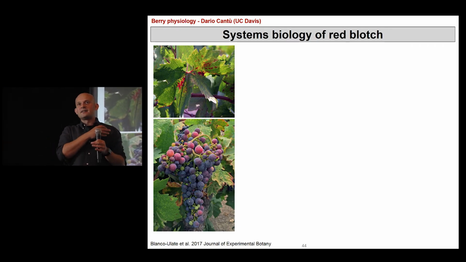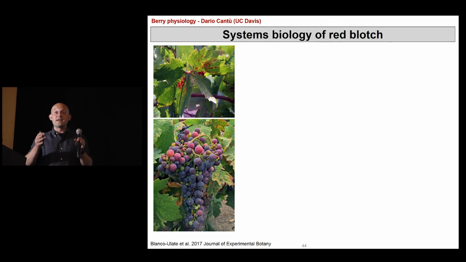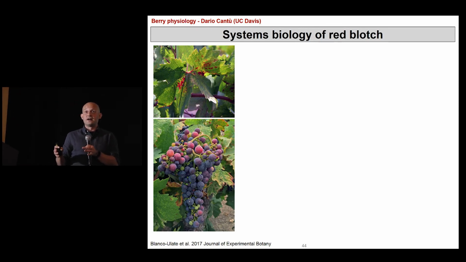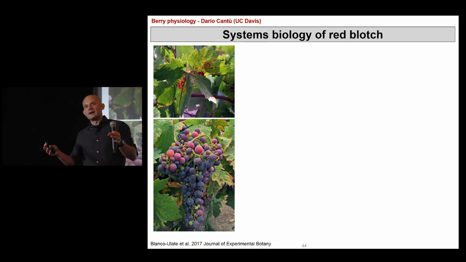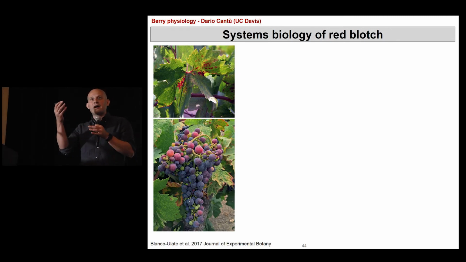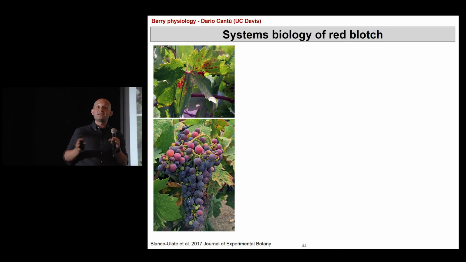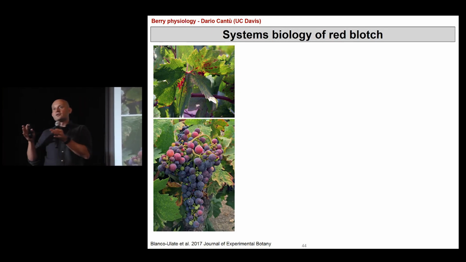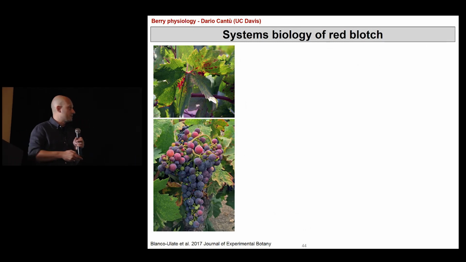So we conducted a study in the past 2 years that actually tried to understand why berries behave like they do when the virus is in the vine, with the hope that we can find ways, either agronomically or by application of growth regulator, etc., to compensate for those negative effects of the virus on berry metabolism.